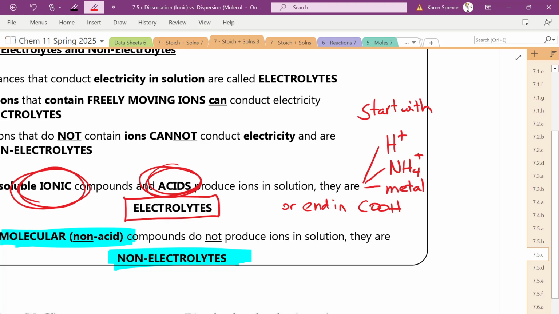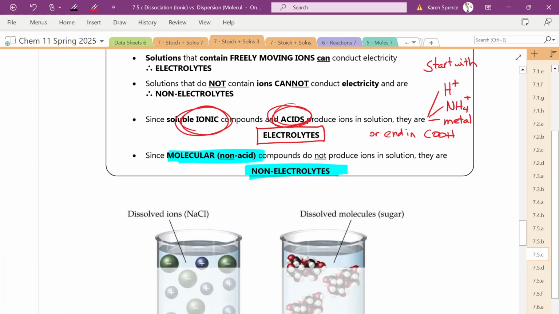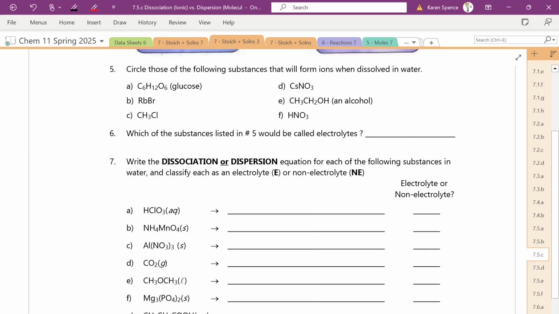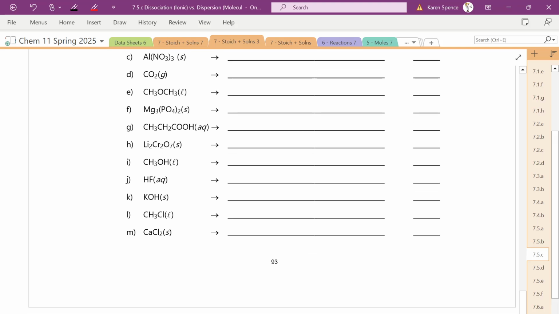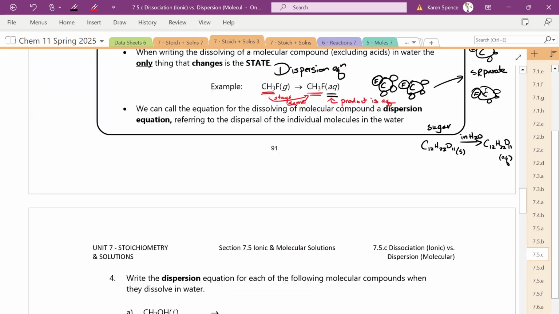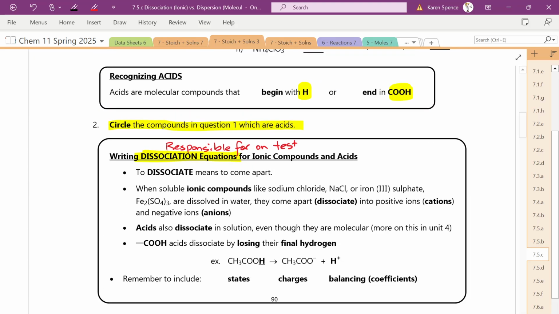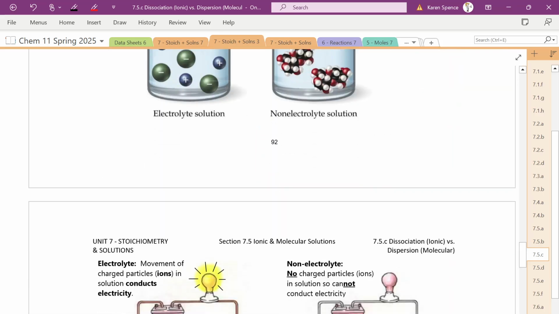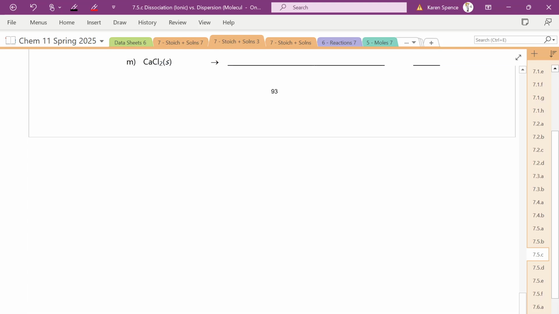We've gone through this before, but it bears repeating, okay? So I think with that, you would be able to recognize your electrolytes, your non-electrolytes. You'll be able to write dissociation and dispersion equations. So you guys are going to be working on pages 90 to 93.